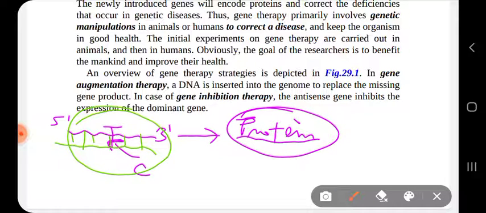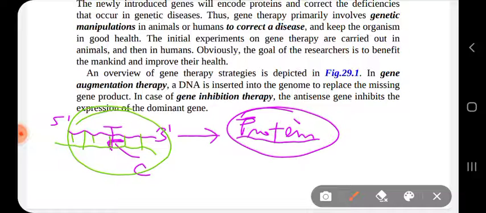Now this can be done at the mRNA level also, called mRNA silencing, where the mRNA of that defective gene can be inhibited by using a complementary strand of that mRNA to base pair with it. And you know, double stranded mRNA will not lead to the formation of protein. Only single strand mRNA is used for translation, not double stranded RNA.